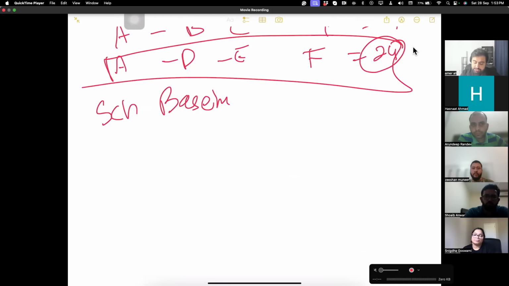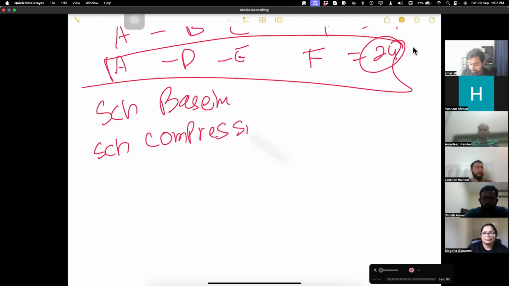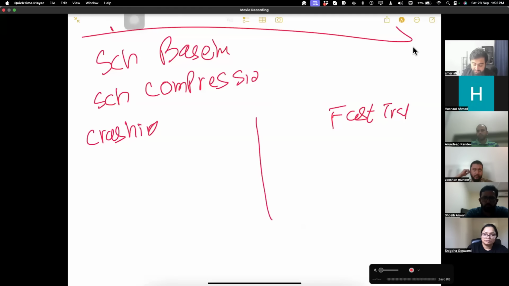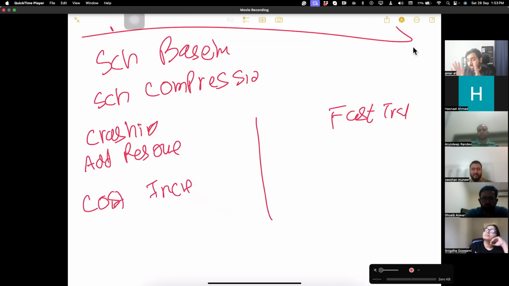If your sponsor says reduce the schedule, you use schedule compression techniques like crashing and fast tracking. Crashing is you add resources into it. When you add resources, as a result, cost increases, but your schedule can decrease.